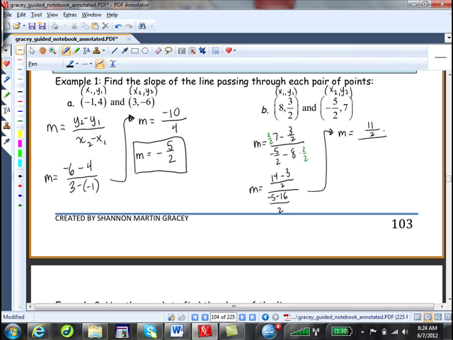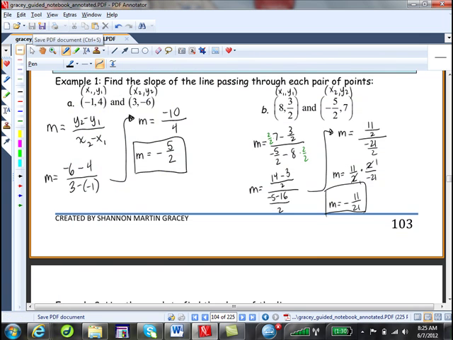And that's all over negative 21 over 2. And then we can invert and multiply. So the 2's will divide out. And at the end of the day, we will get negative 11/21. Now, if you got that one, you had your Wheaties today, because that one had all that fraction business going on. Okay.